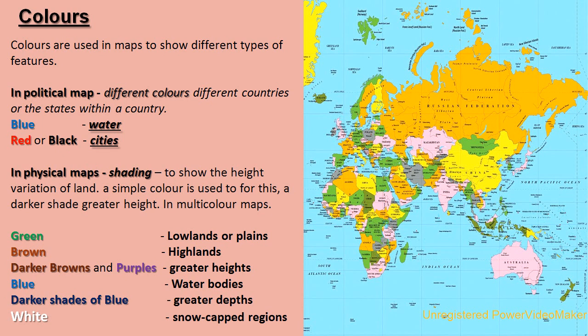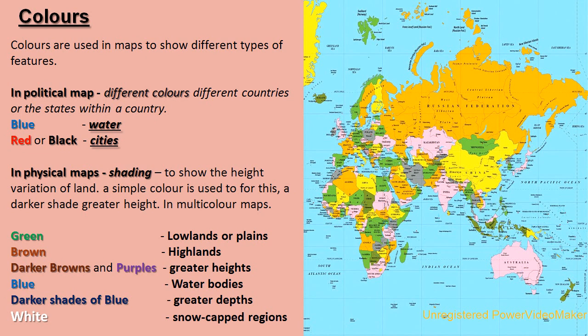Different kinds of maps are there, and each map has different kinds of color patterns. Suppose in the case of a political map, different colors are used to show different countries or the states within a country. On the right side you can see the map which has different colors used to show different countries.